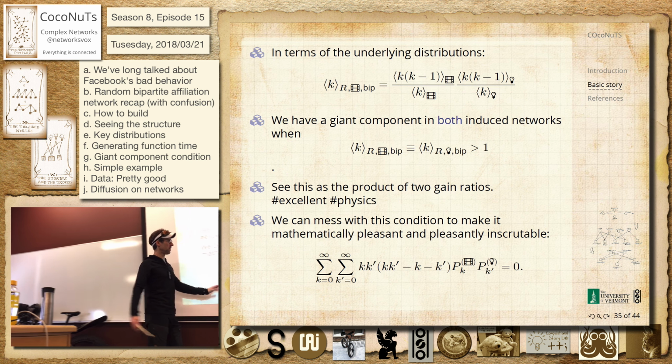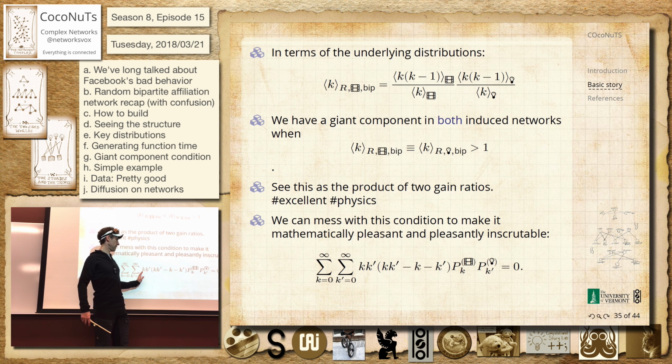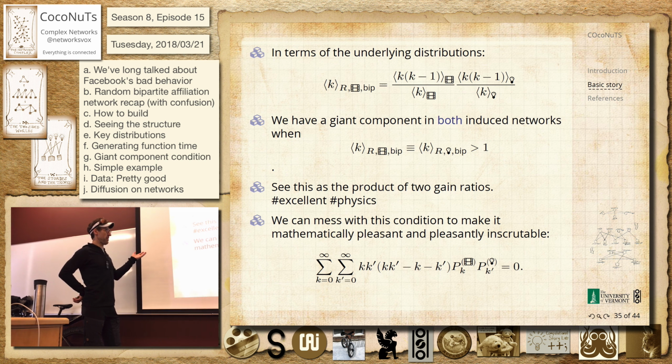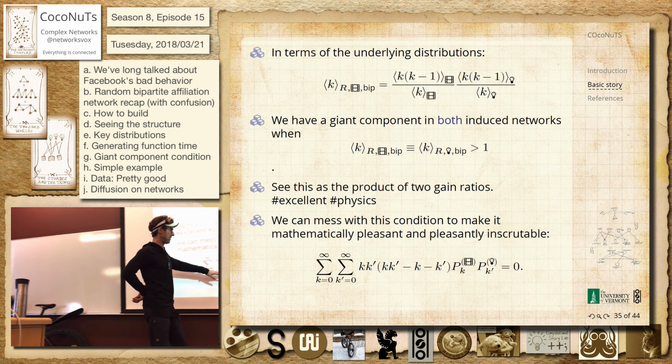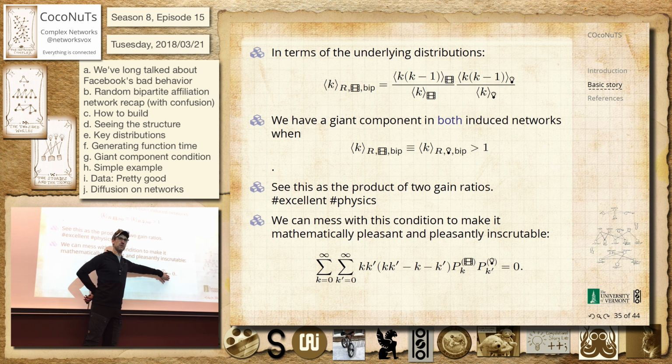You will actually see this in early papers. This is, in fact, how it's written out. That this is the condition for a giant component, which is true, right? You could rearrange all of this and you'll get this structure. It's maybe mathematically a little better, but it's something equals 0. Honestly, this is losing a sign, which is a problem.